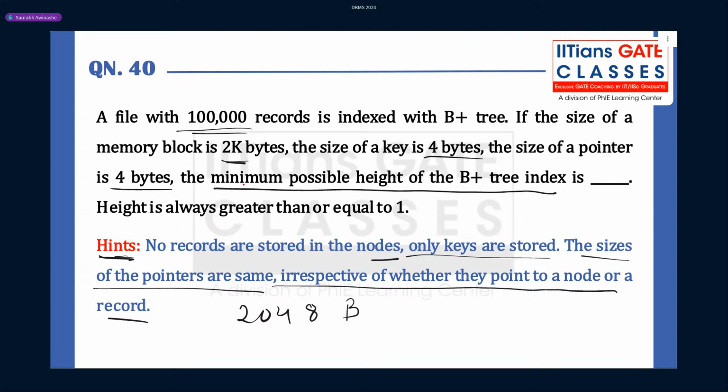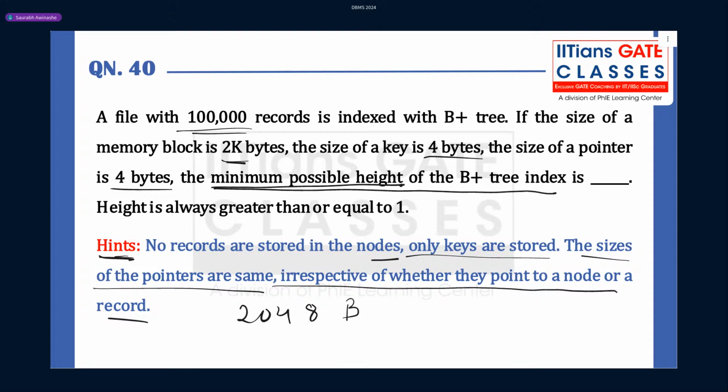Now, we have to find the minimum possible height of the B plus tree. The height would be minimum when all our nodes are fully filled, both leaf nodes and internal nodes. In that case, the height of the tree would be less. If we keep the leaf nodes or the internal nodes empty, we'll wind up with a taller tree, because we have to store 100,000 records.